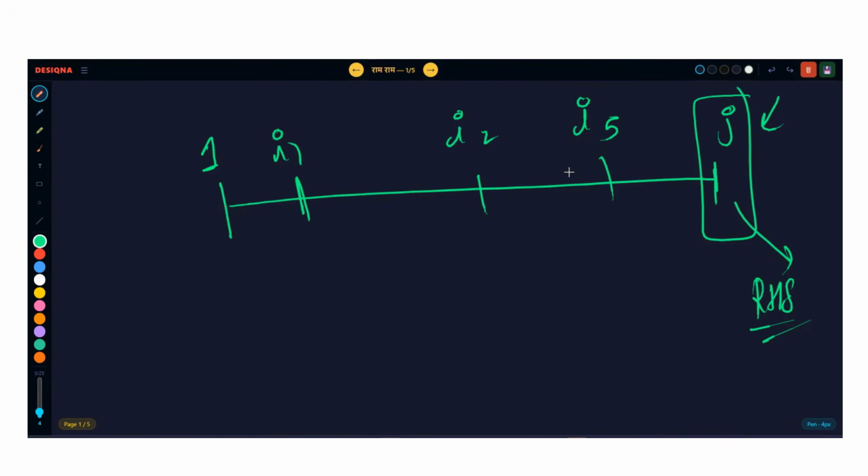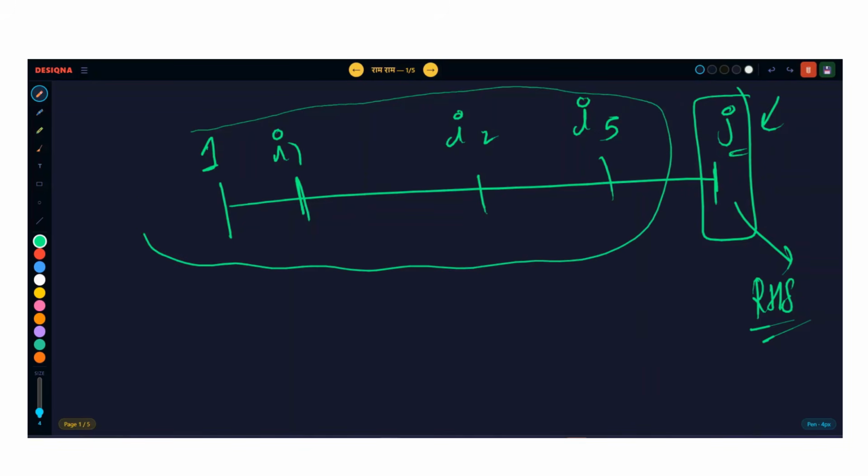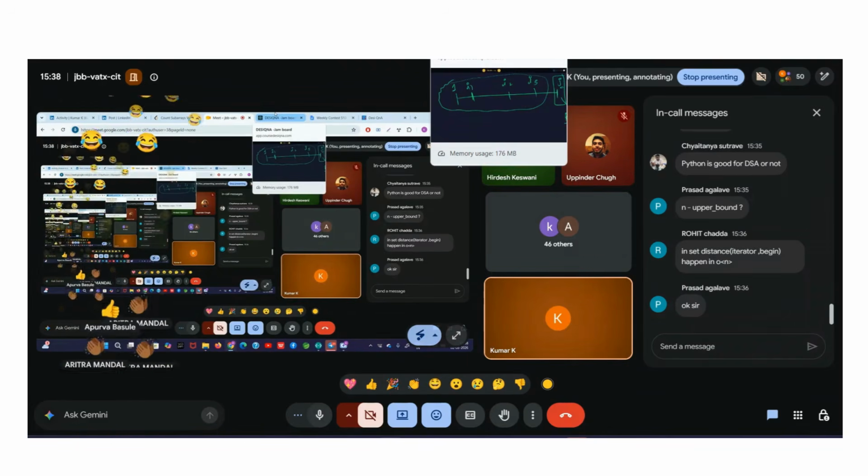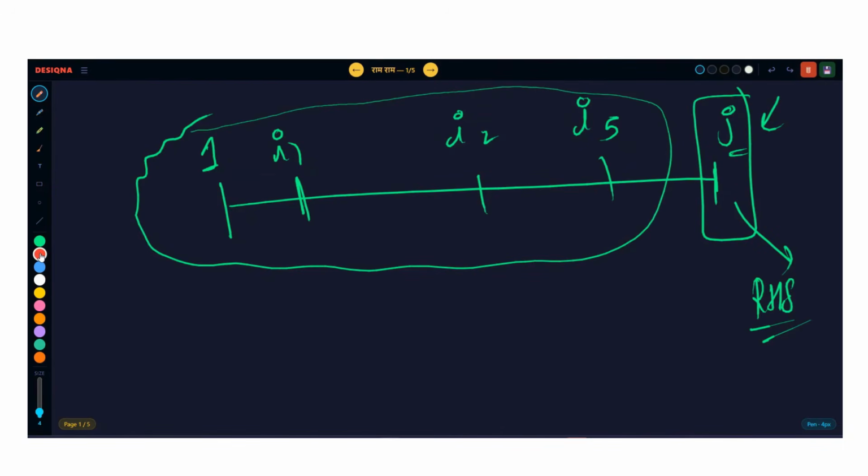Now, guys, if you have reached index J, it means you must have traveled all the elements from 1 to J-1. Everyone react with emojis if you agree that if you are currently at index J, you must have traveled all the elements from 1 to J-1, right? When you were traveling all those elements, तो time pass नहीं कर रहे थे. You have stored LHS 1. What was the LHS for index 1? What was the LHS for index I1?